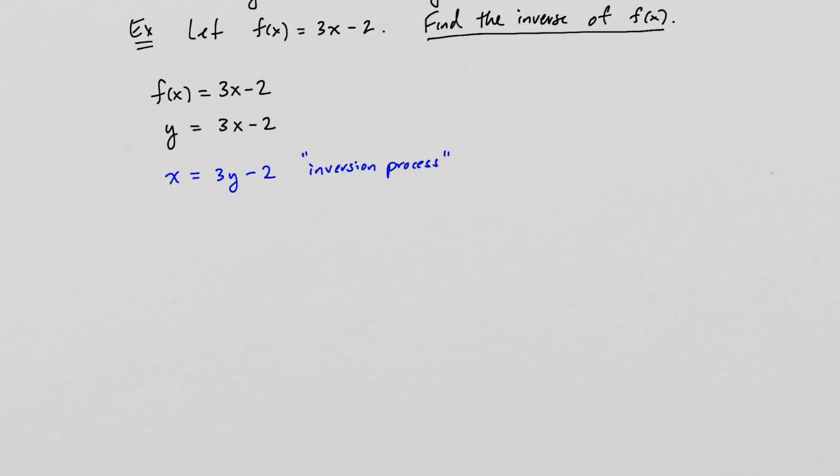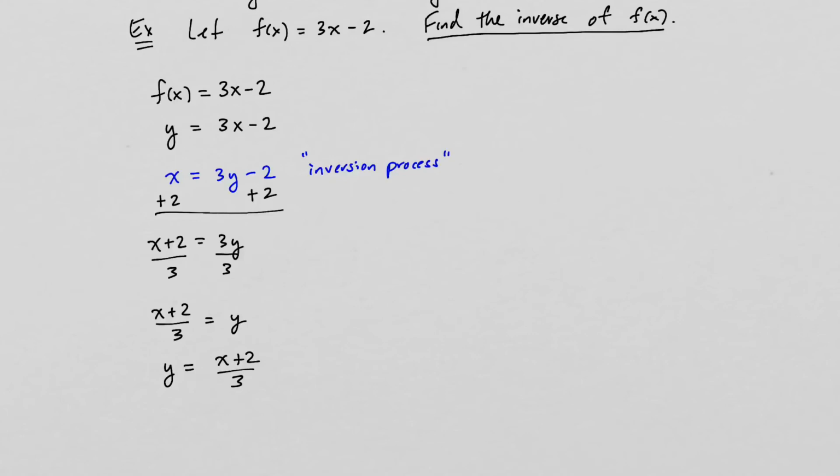Now, what we need to do to find this new function is solve for the new y. So now we're just going to add 2 to both sides. That gives us x plus 2 is equal to 3y. And then we'll divide both sides by 3. That gives us x plus 2 over 3 is equal to y. Then we're going to rewrite it by reversing both sides here, so we want it to say y equals.